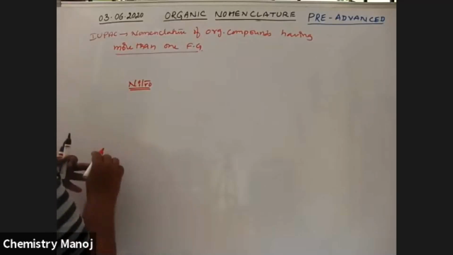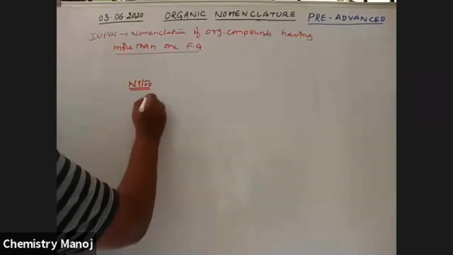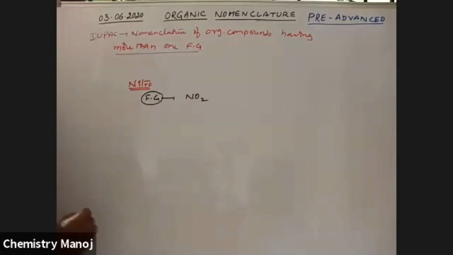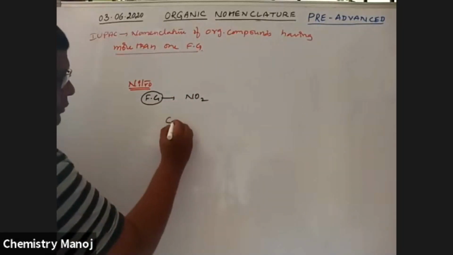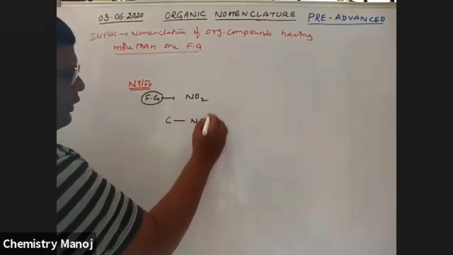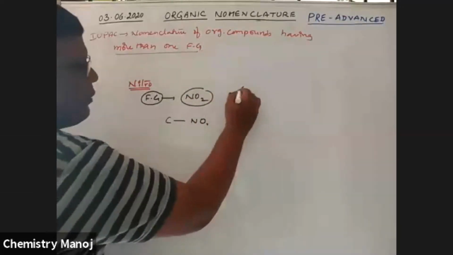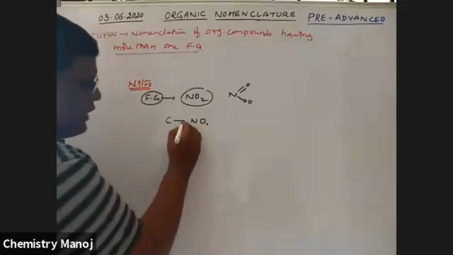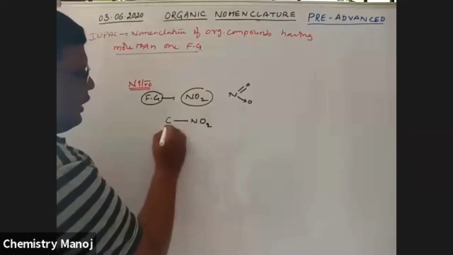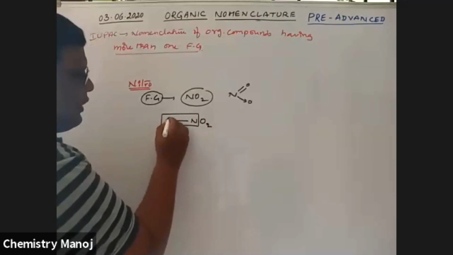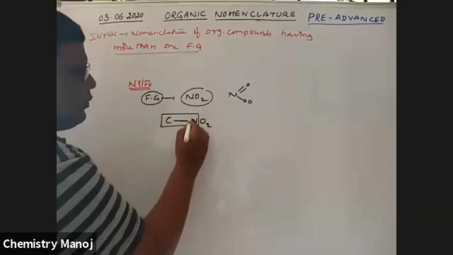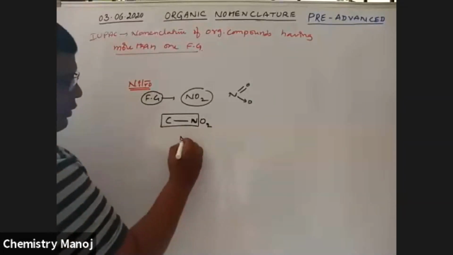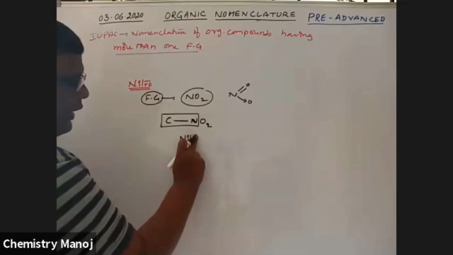Nitro compounds means the functional group is NO2. NO2 means N double bonded to O, and single bonded to O. If nitrogen is connected to carbon, with a bond between carbon and nitrogen, the name is taken as nitroalkane.